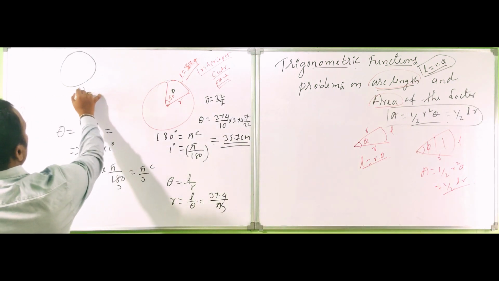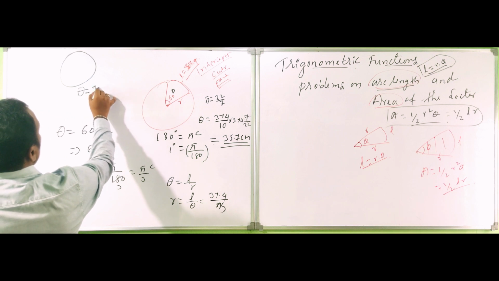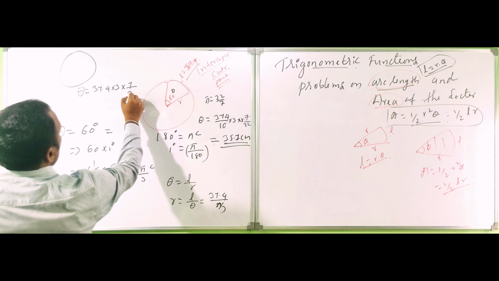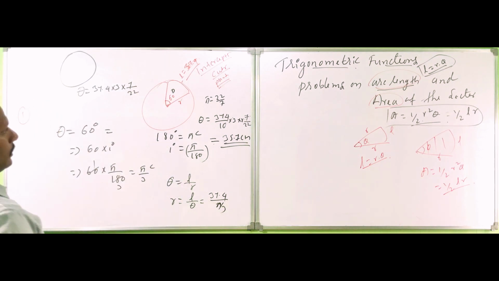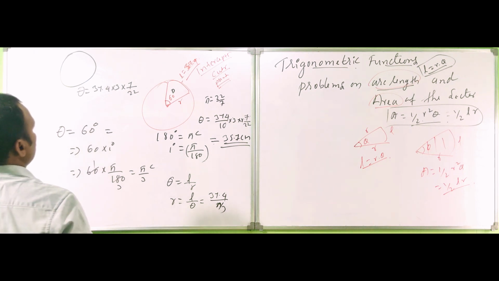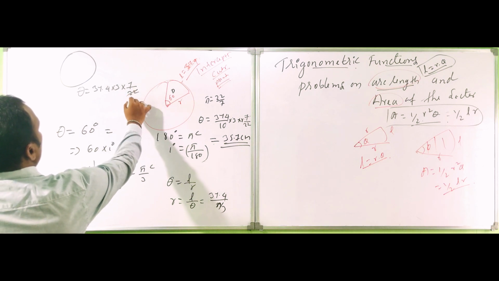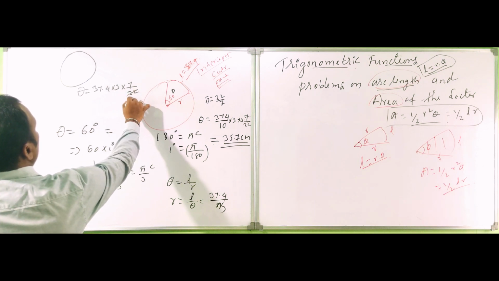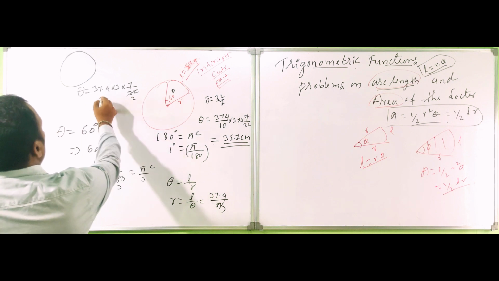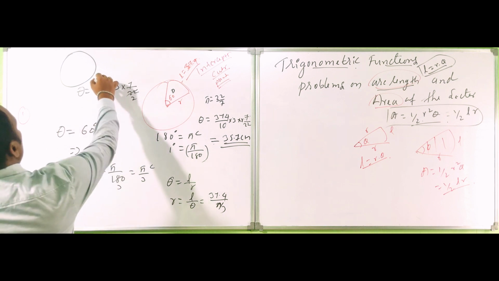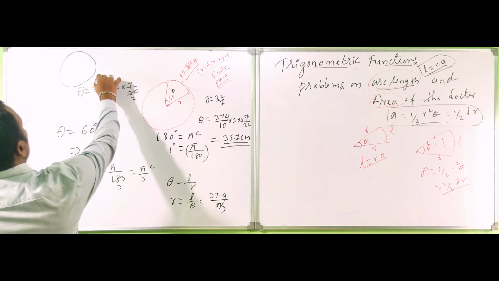See, here it is not easy to calculate 37.4 into 3 into 7 by 22. 22 is 2 into 11, and 37.4 divided by 11 is 3.4. Then 3 into 3.4 is 10.2, and into 7 gives 71.4, divided by 2 is 35.7.